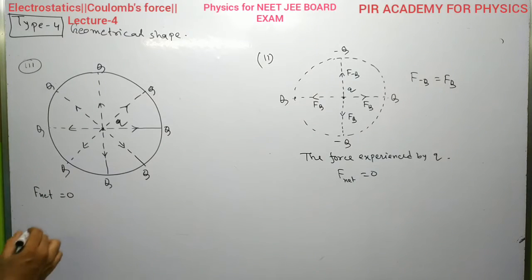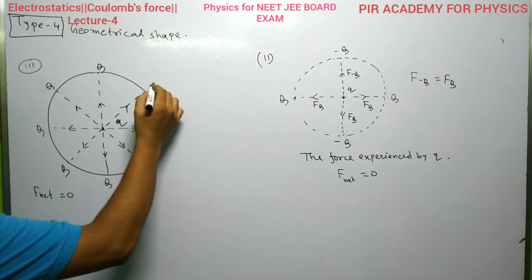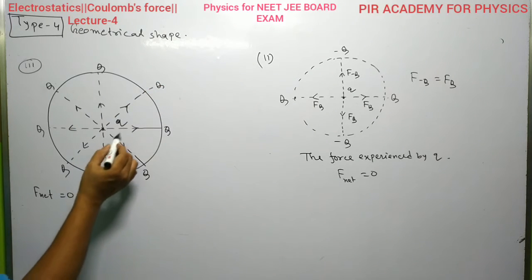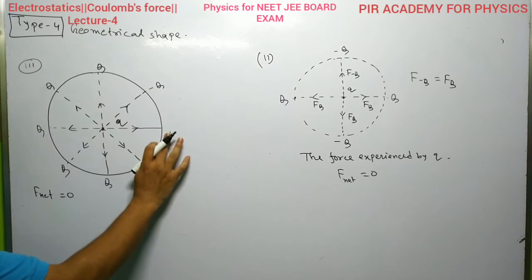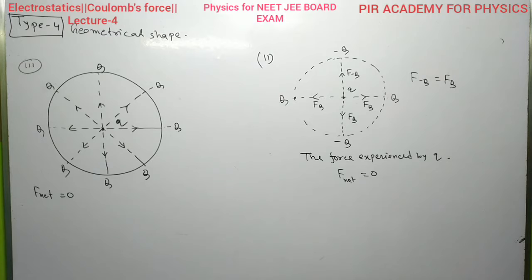But suppose this charge is negative and another charge is negative. Suppose these two charges are negative and the remaining charges are positive, then what happens?